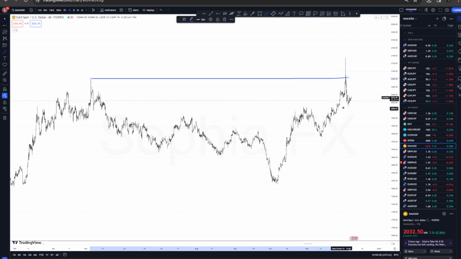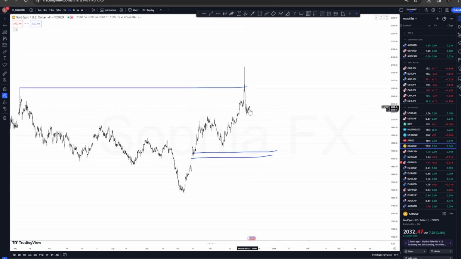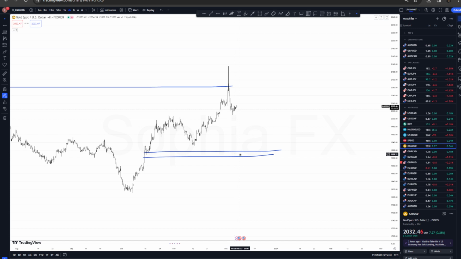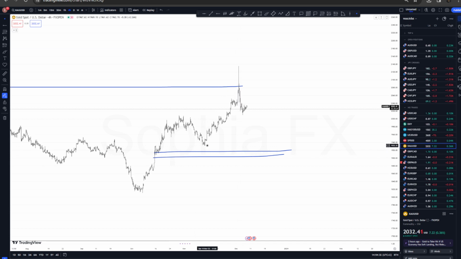So basically you will see that since that high has been broken, price is just retracing, up to the equilibrium. So we might see price going down to equilibrium, and then from equilibrium maybe taking out this liquidity here. Then we might see gold going up again. But if this low is broken, then we're gonna change the direction. Yeah, so basically that's how it is. All right, that's how it is, that's how you do it.